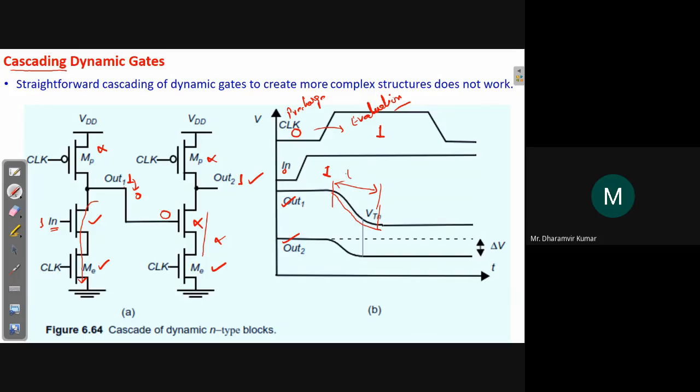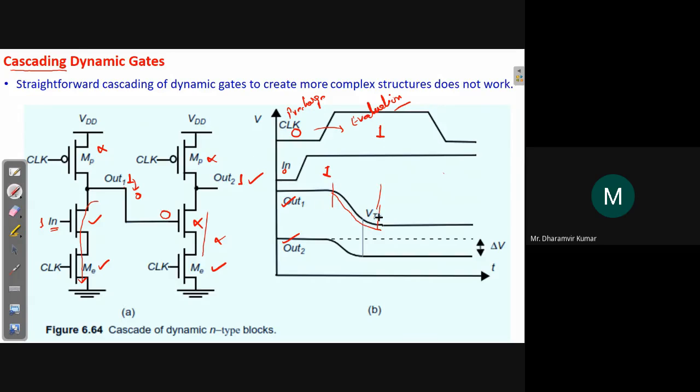So this is actually T P H L for the first stage. We will not go into this now.